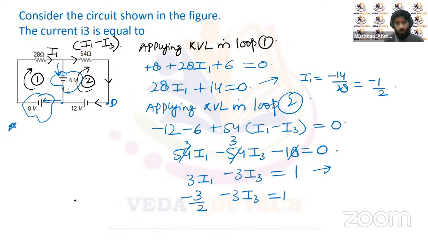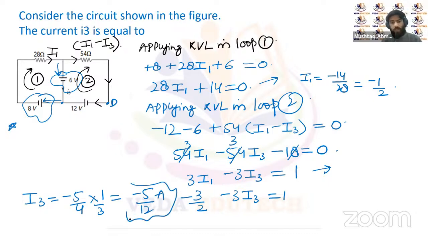Our I3 will be 5 upon 2 times minus 1 upon 3, which is minus 5 upon 12 amperes. So I3 is minus 5 upon 12. Current cannot be negative, but it actually tells us about the direction of the chosen current.